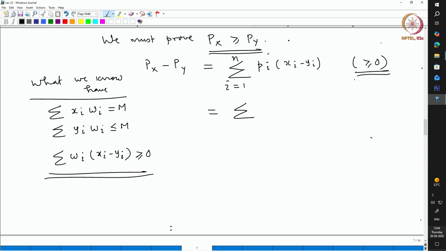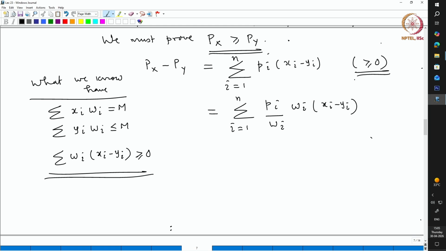This is equal to sigma i equal to 1 to n of pi by wi times wi times xi minus yi. It is the same. I have just multiplied and divided the ith term by wi. So, I have something like wi times xi minus yi in the expression, but unfortunately every term is multiplied by a different value.